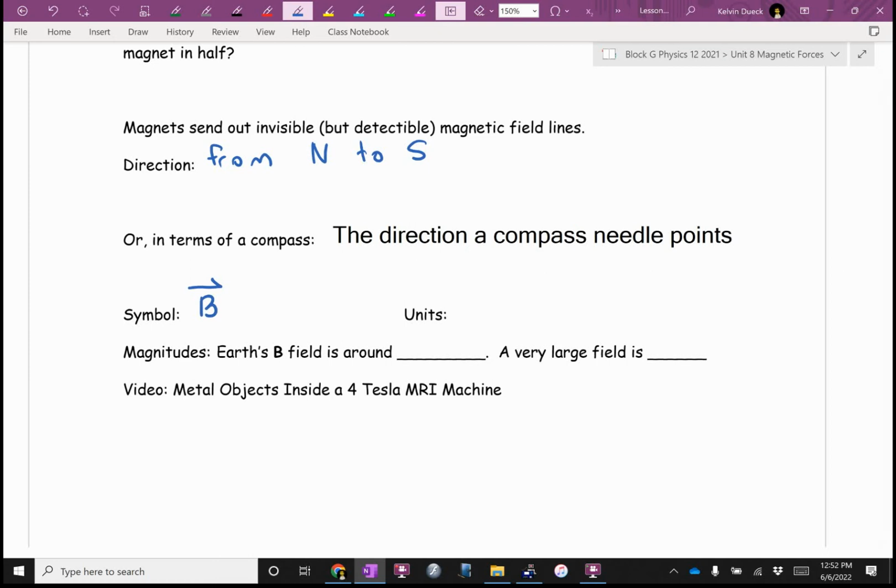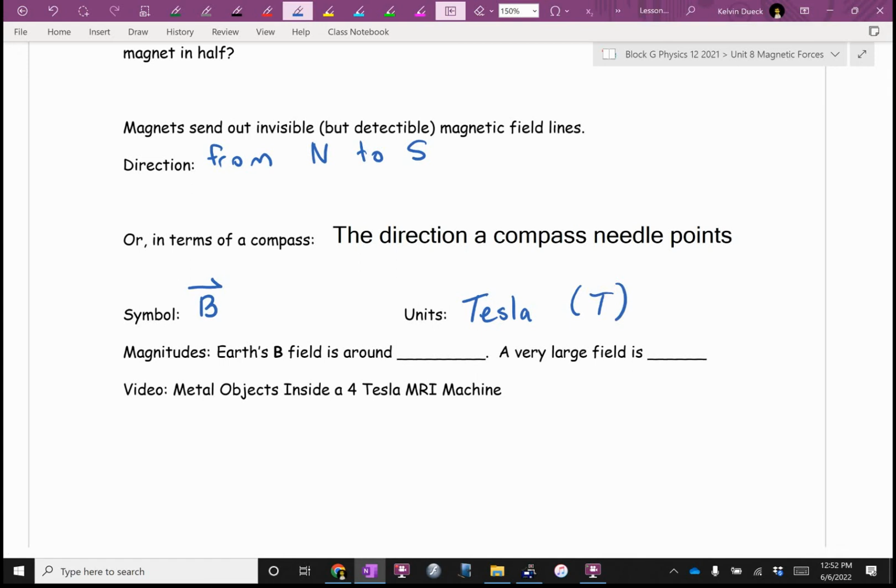Does anybody know the units for magnetic field? If you were clever, you'd look down 2 lines and figure it out. It's a popular car company now. Tesla's. Symbol, capital T. There's actually 2 ways to measure magnetic field. You can measure them in Teslas, or you can measure them in Gauss.